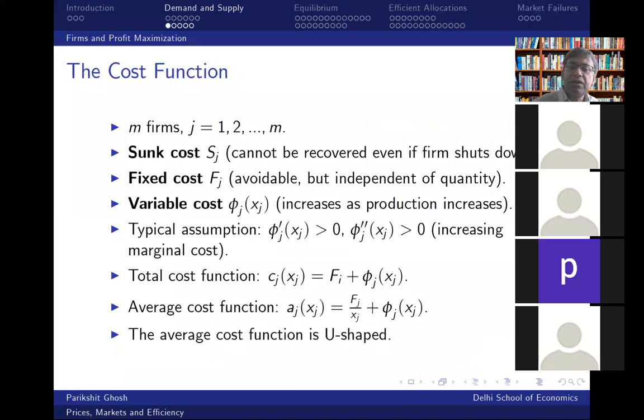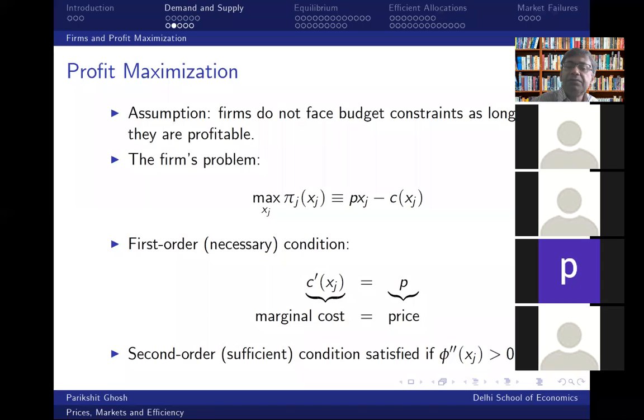The assumption can be motivated on grounds of realism, but if that assumption is permissible, if we are satisfied that this assumption is reasonable for a particular industry we are studying, then that assumption will guarantee that the second order condition is satisfied.